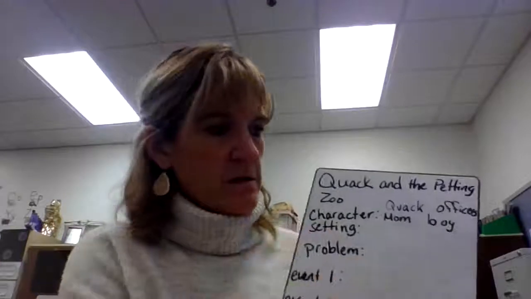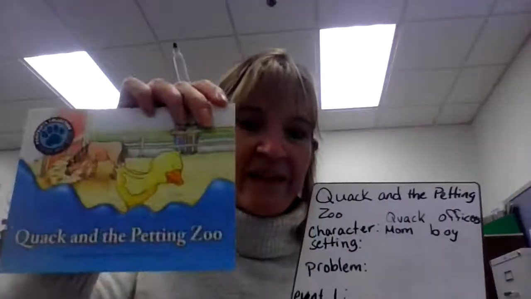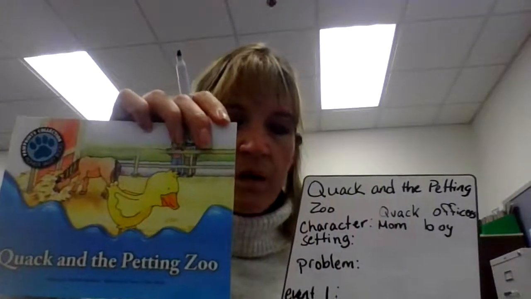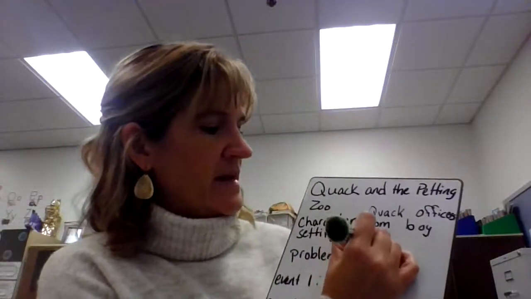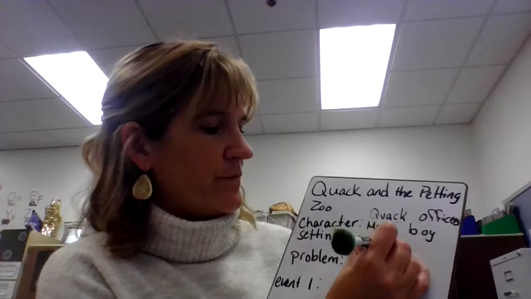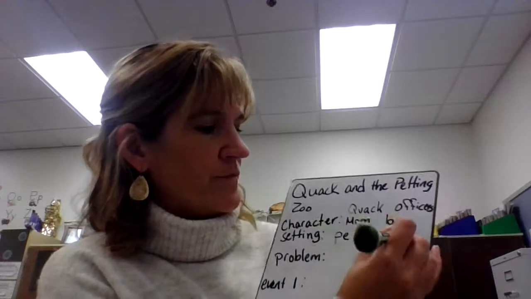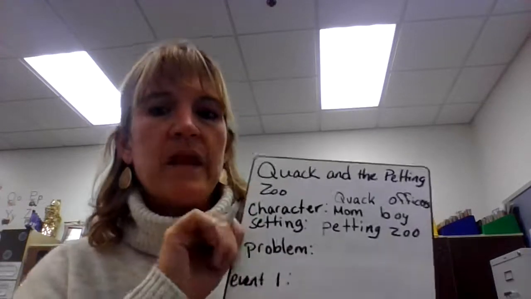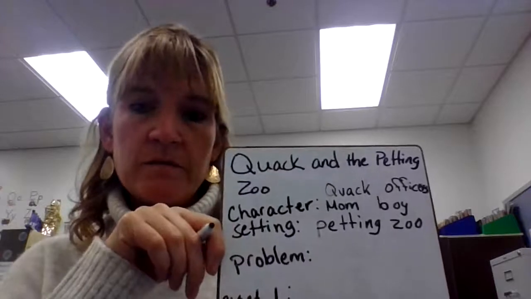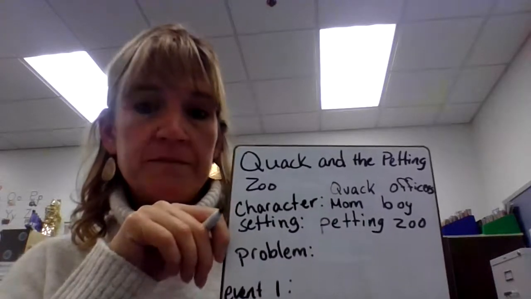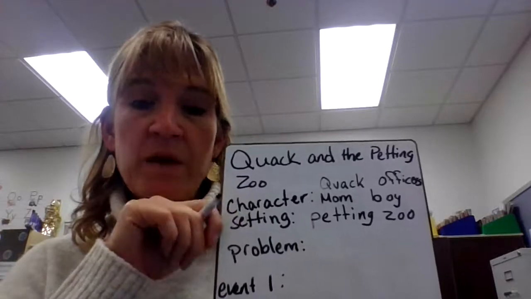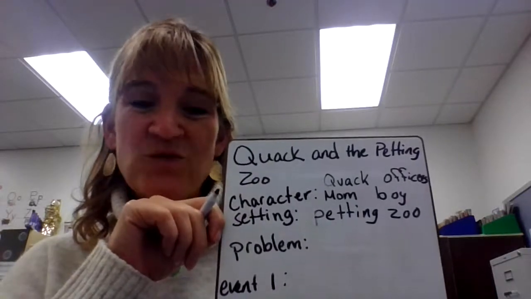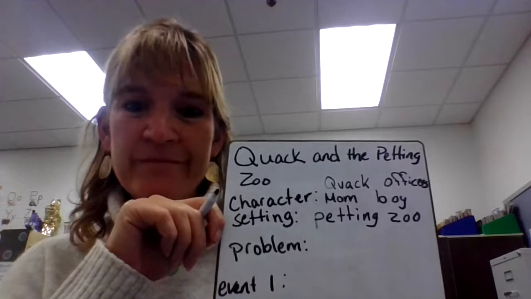The setting. Well, we can get our setting from our title. Where is Quack? He's at the petting zoo. If you need to push pause to write these down, push pause, write them down. When you're ready to join us again, push play again.